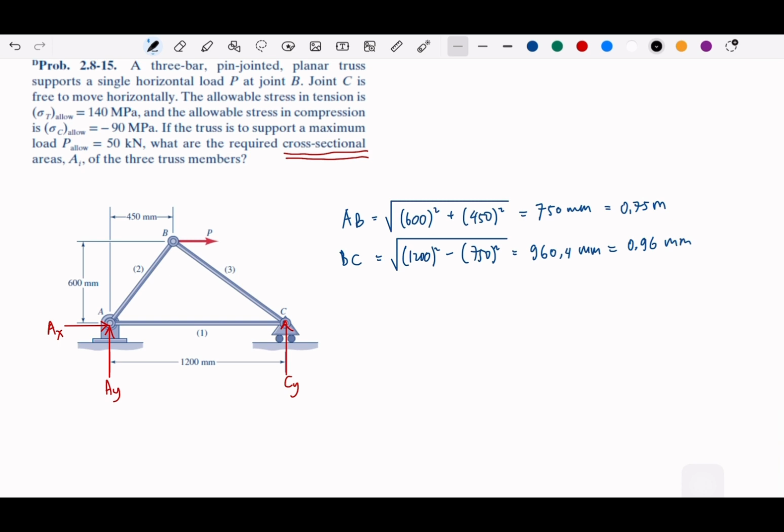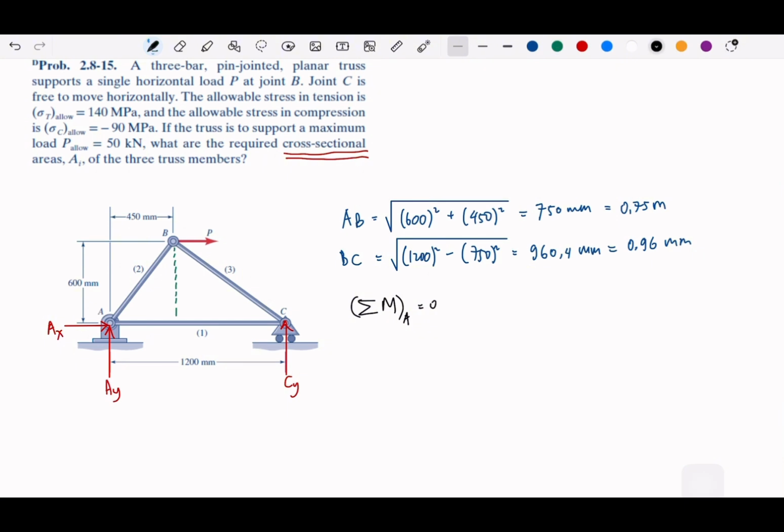Since A has a lot of forces, I will make A the point of view. So take the moment at A equals 0. Let me draw a straight line here to help navigate the moment distance.